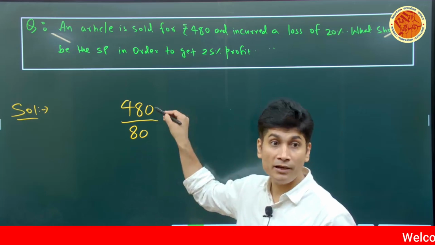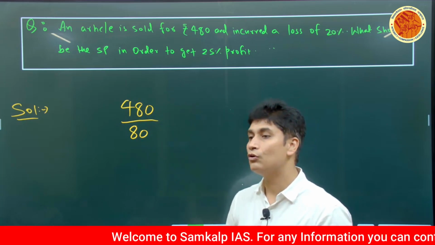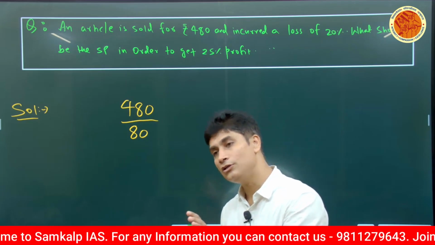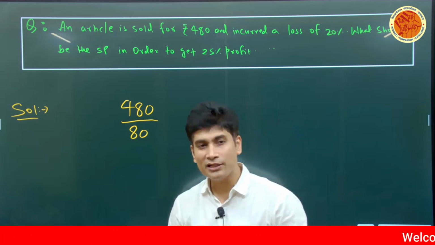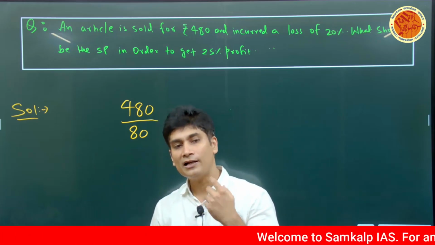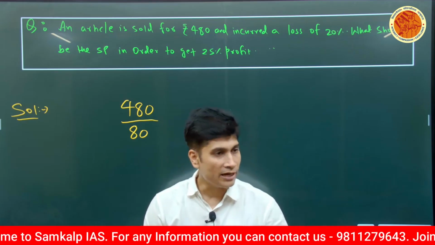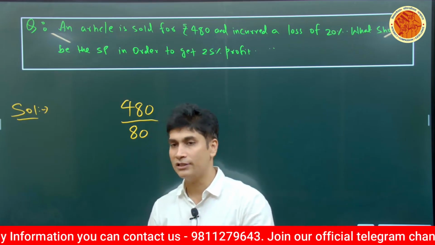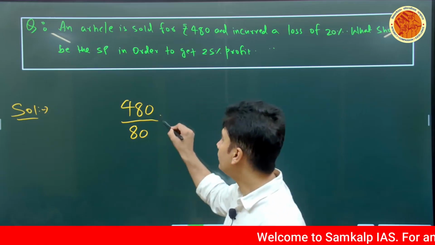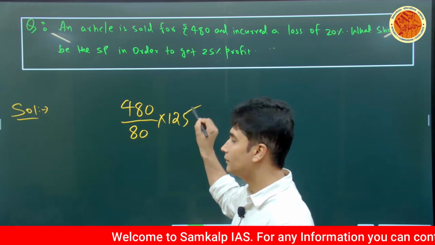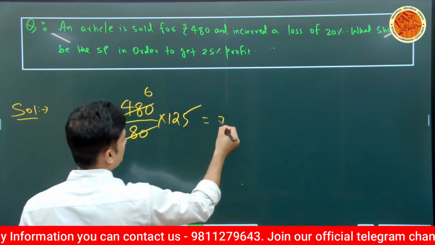But they had not asked you cost price, they had asked you to find out the new selling price in order to get a profit of 25%. So if the cost price of the article is 100% and you want a profit of 25%, it should be sold at 125. So directly multiply by 125 and this is 750.